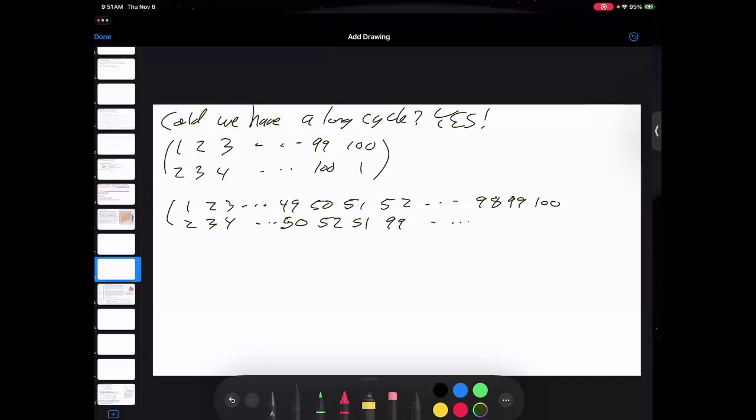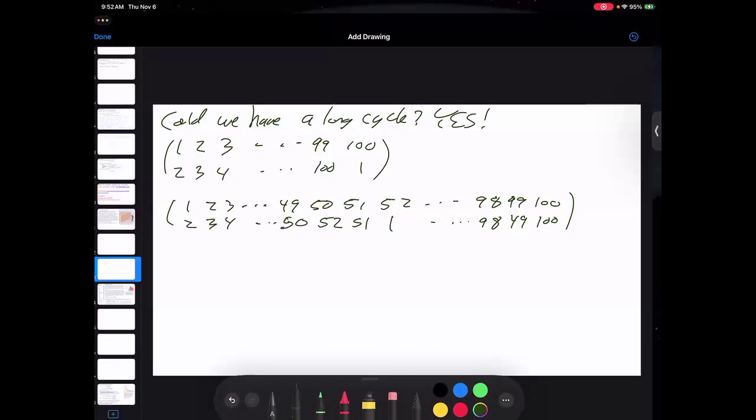Let's see, I haven't done 49. 98, 100. I could maybe play a couple of games like this. Oh, and I haven't used one. Maybe I should be using one somewhere. Maybe I'll put the one over here. So if they're trying to use the pattern, I could tweak it just a little bit.